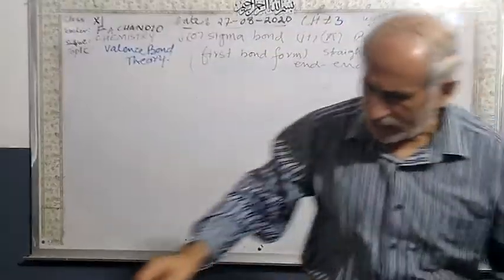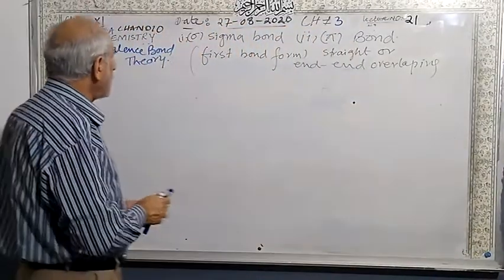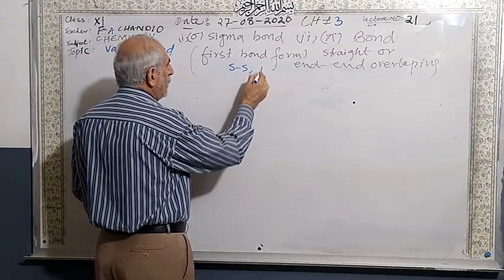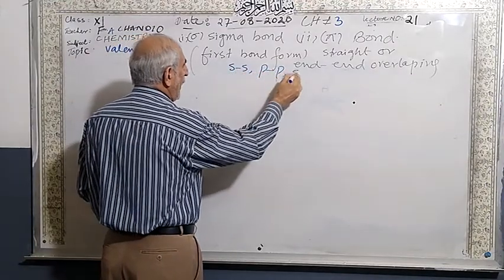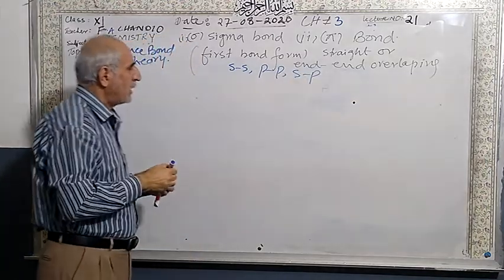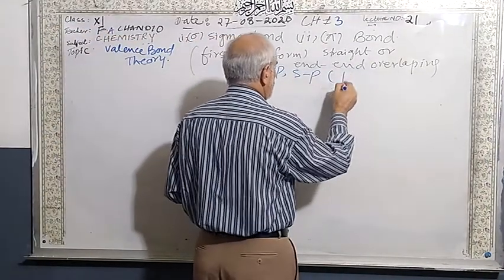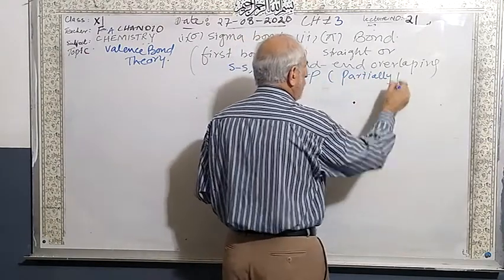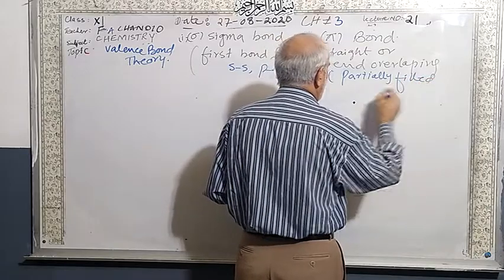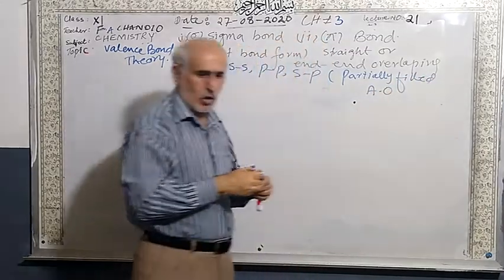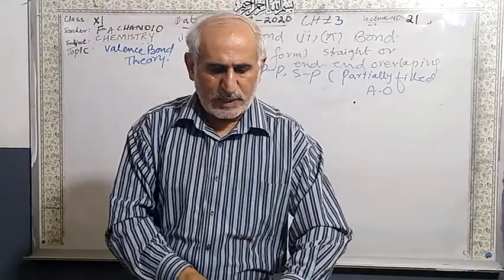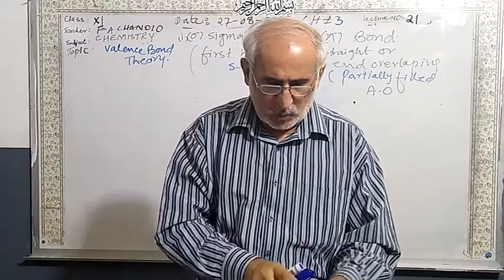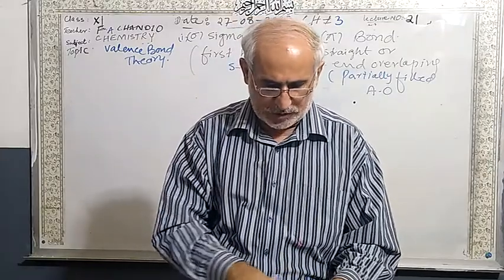End overlapping, straight overlapping, is called a sigma bond, between S and S orbitals, P and P orbitals, S and P orbitals. And there should be partially filled atomic orbitals, as we did before. Overlapping must be in the partially filled atomic orbitals. If there are no partially filled orbitals, there will be no bond formation.